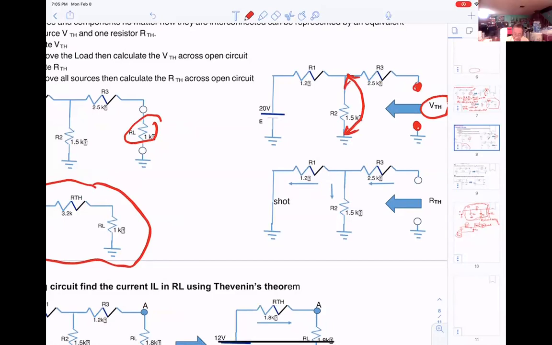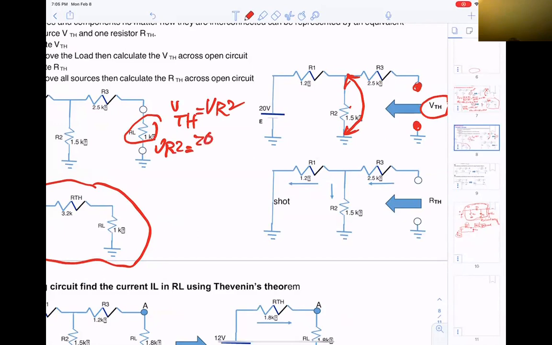That means the VTH is the same thing as VR2. So use the voltage divider rule. Okay, 1.5K, same thing, right? You can compute VR2 equal to 20 volts divided.